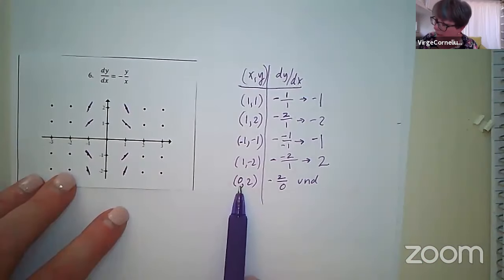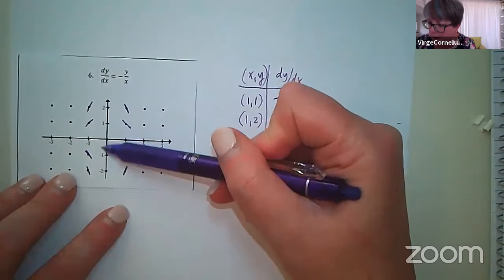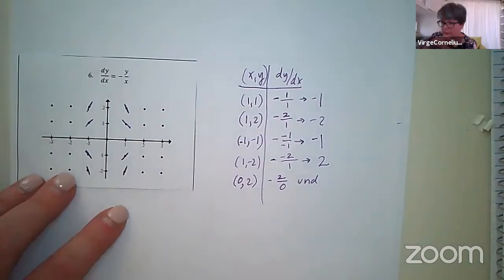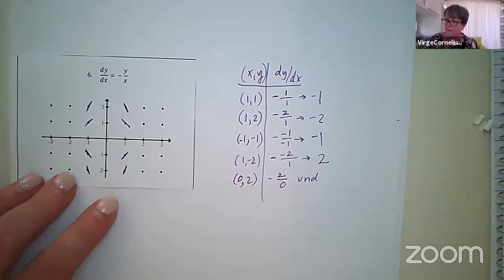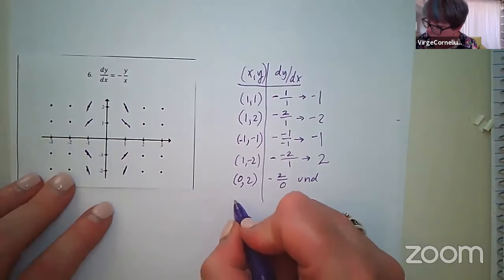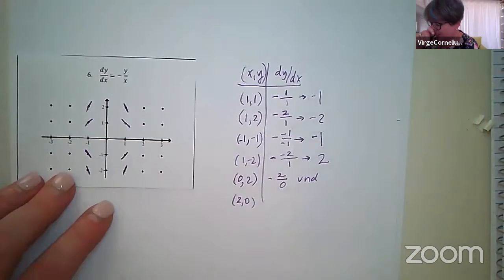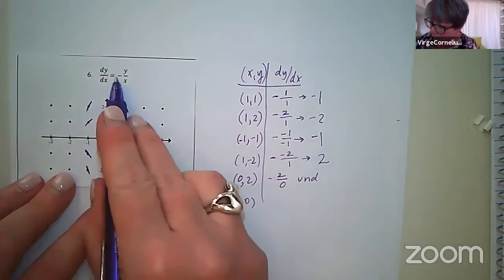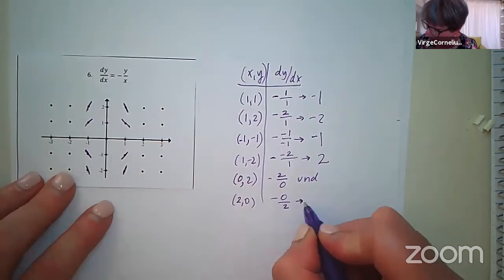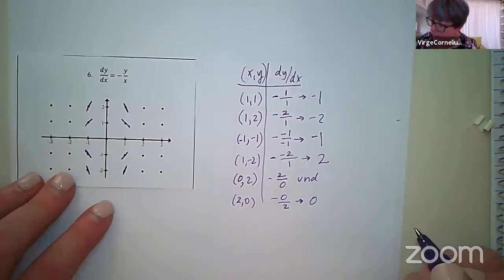So any time that I have an x value of 0, which is the entire y-axis, I cannot put a line segment. No vertical line segments, nothing. However, along the x-axis, like at (2, 0), what Mark had originally said, this would be negative y divided by x. So negative 0 divided by 2 is 0 divided by 2, which is 0.